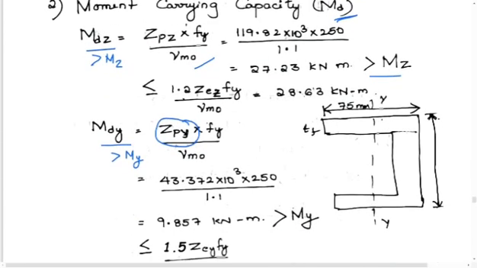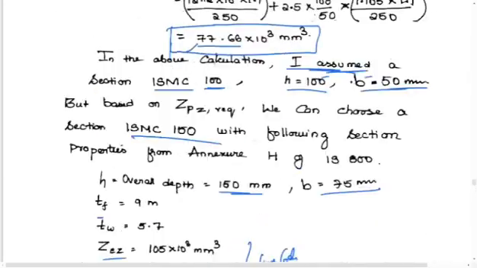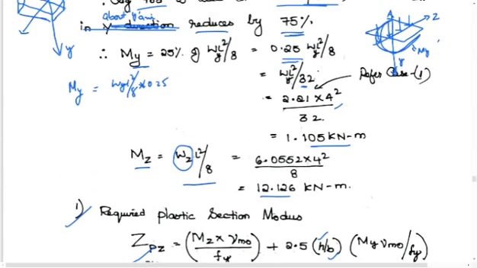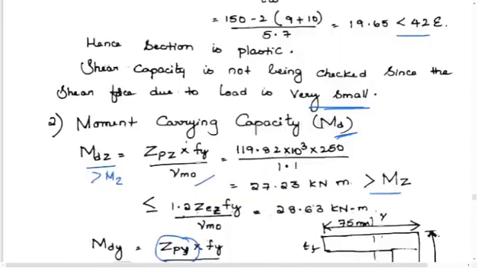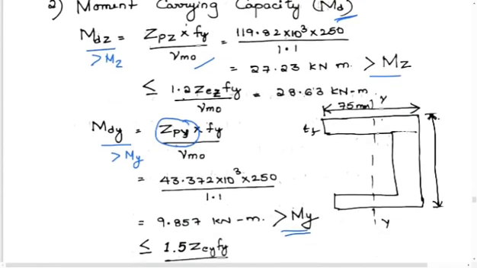Yes, both these conditions are satisfied because Mz and My are the values we have calculated. See, this is My and this is Mz. This is 1 point something and this is 12 point something. So MdZ is very much greater than Mz.